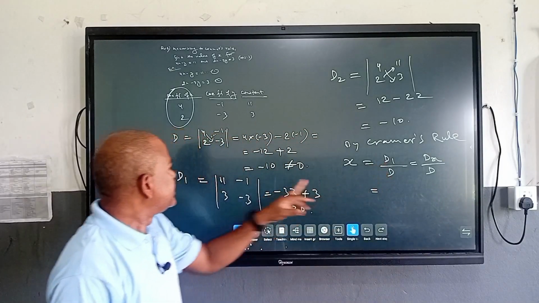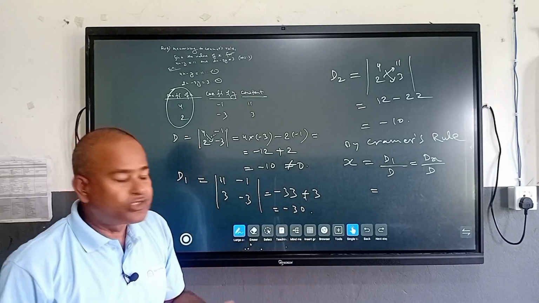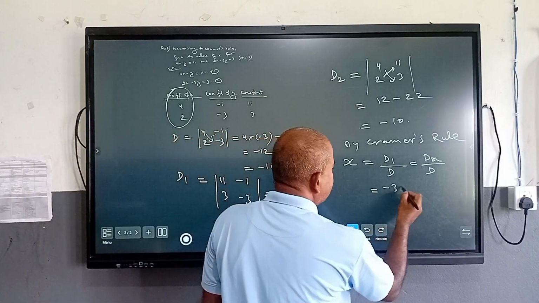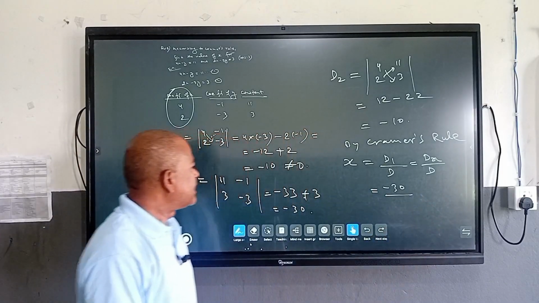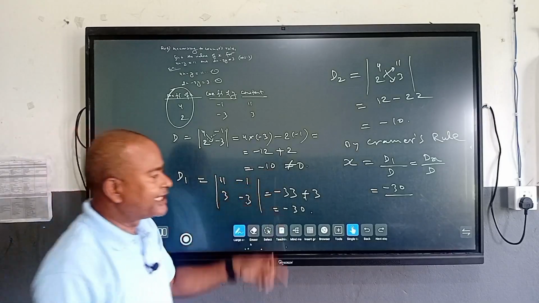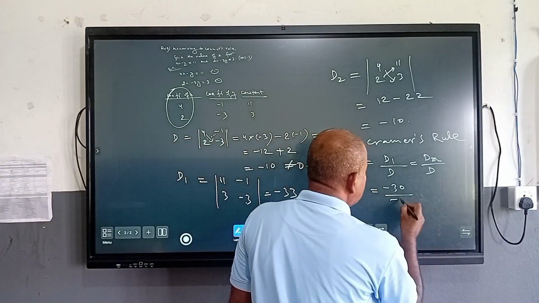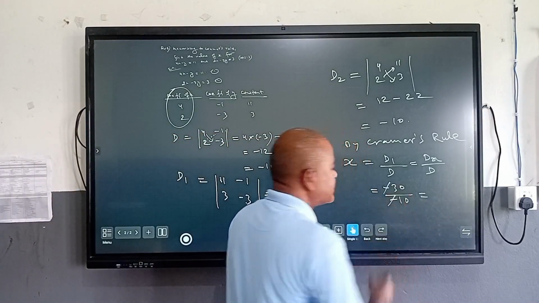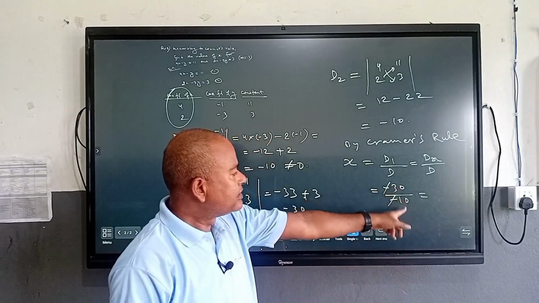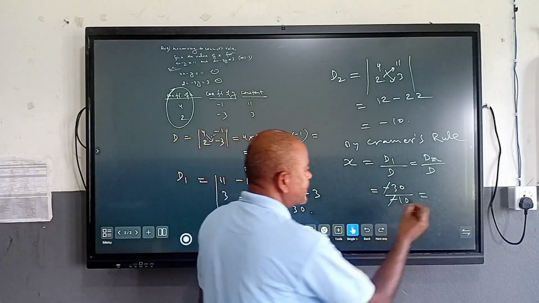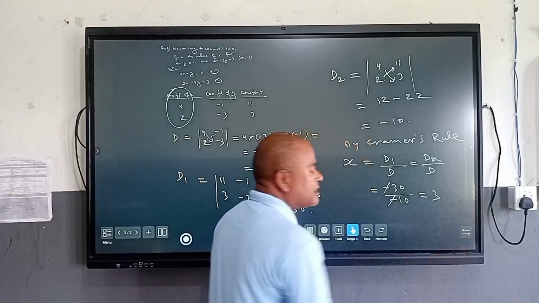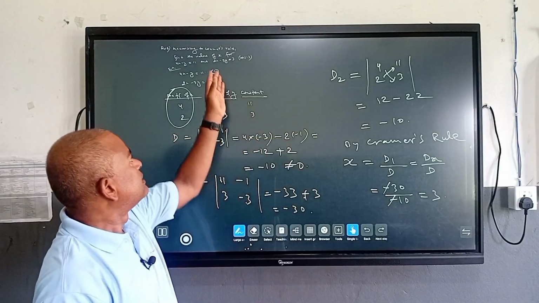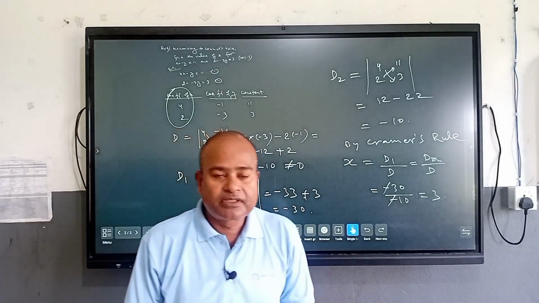The value of d1 we have got is minus 30. So minus 30 divided by d. The value of d is minus 10. Minus minus we can cancel. When 30 is divided by 10, 10 3s are 30. That means we get the value of x as 3, which is the required solution of the given question.